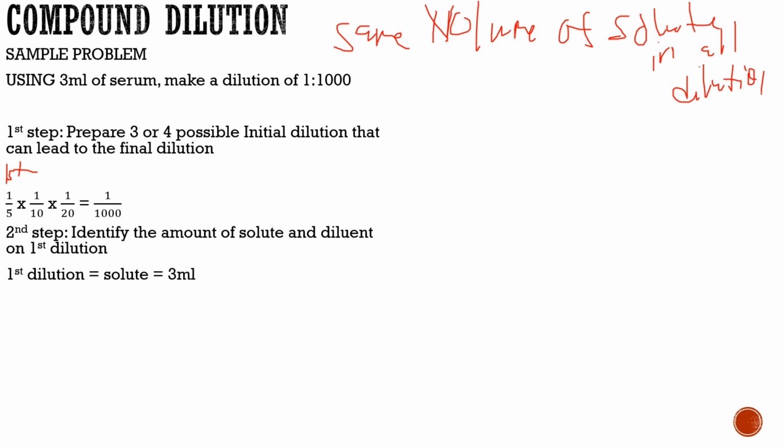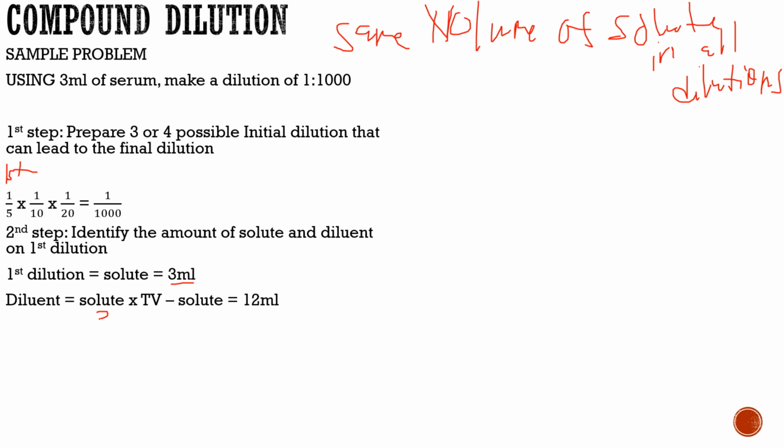Pakitandaan yan na same lagi ang solute nyo. So the first dilution is 3 ml. So ang gagawin nyo, yung diluent nyo, to get the diluent this time, solute times the total volume minus solute.